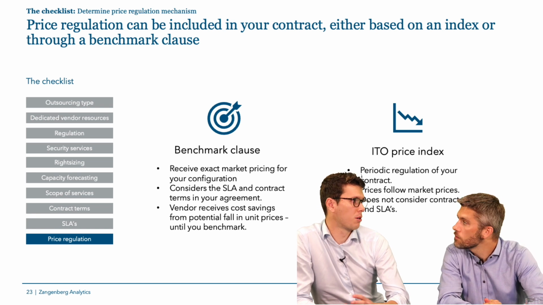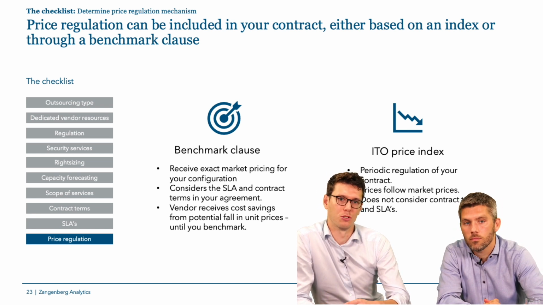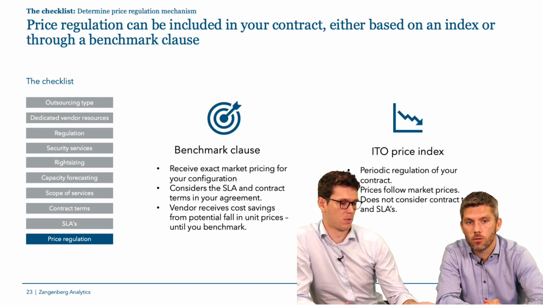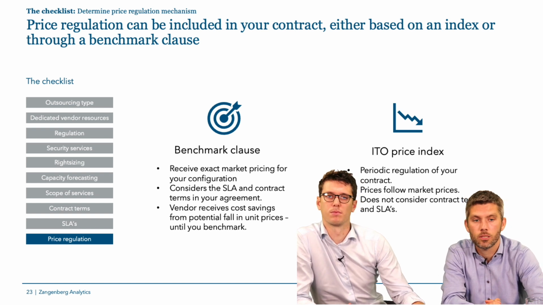And we have strong opinions on how these benchmark clauses should look. So feel free to reach out if you have a question on the one in your agreement. Yeah, we will be happy to help you design a good benchmark clause.